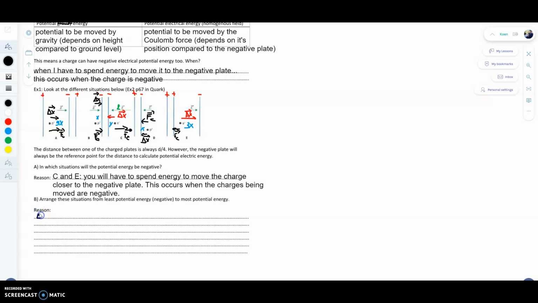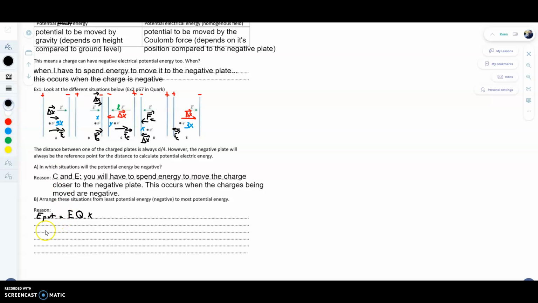So your potential electric energy depends on the magnitude of your field vector E, the magnitude of the charge being displaced, and the position compared to the negative plate. Meaning, in case C, you have a very short distance, but twice the electric field. In situation E, you have triple the distance, but just once the electric field.